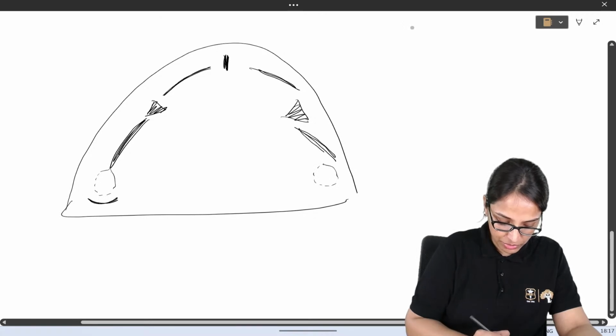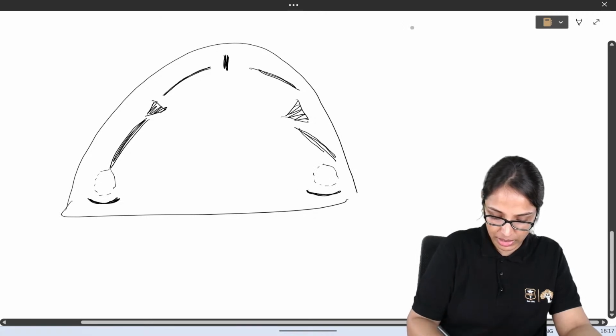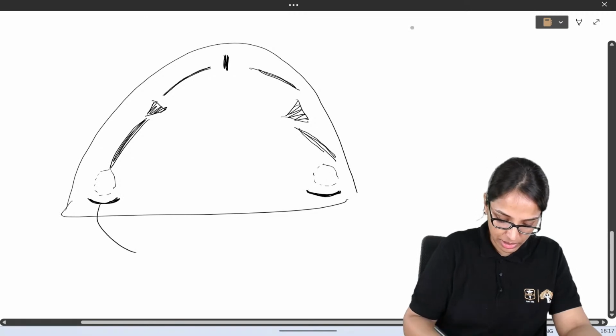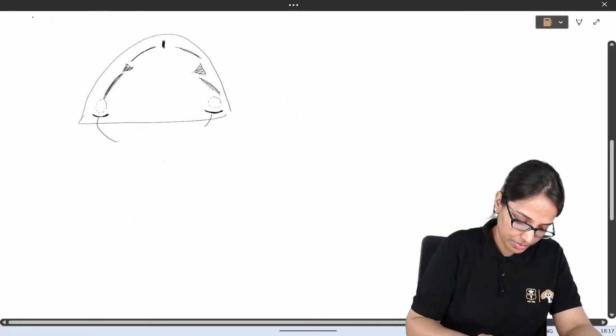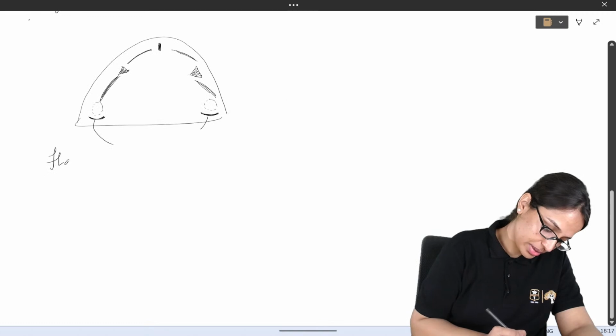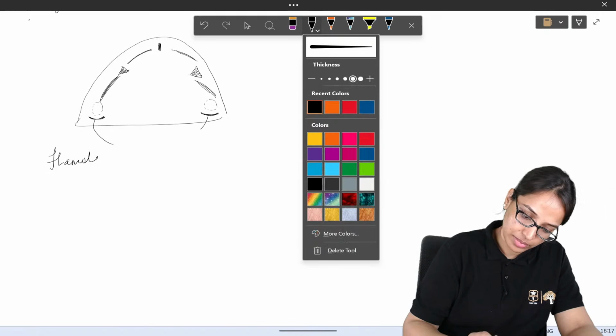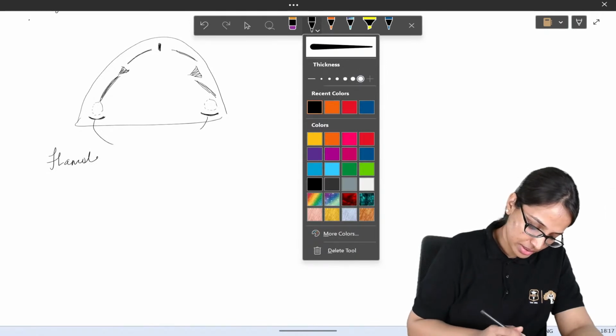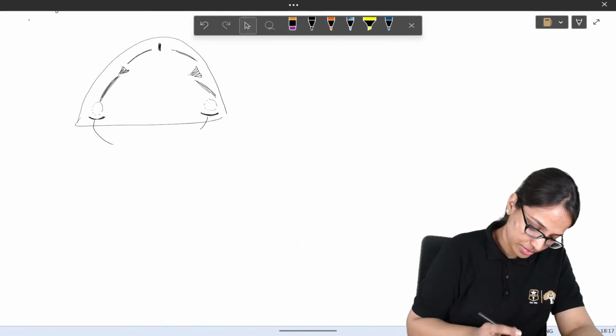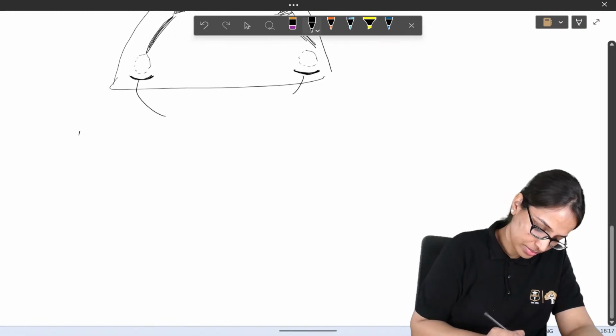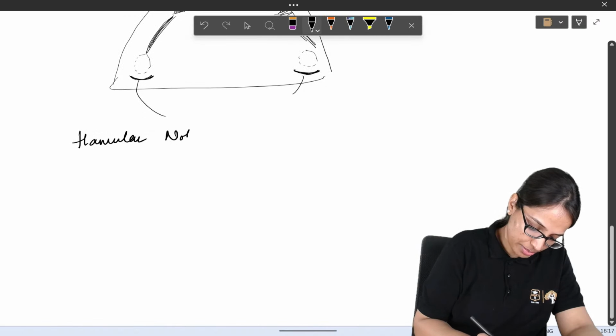The next very important structure lies behind the tuberosity. What is this structure called? Any guesses? It is called our hamular notch. So what is basically the hamular notch?